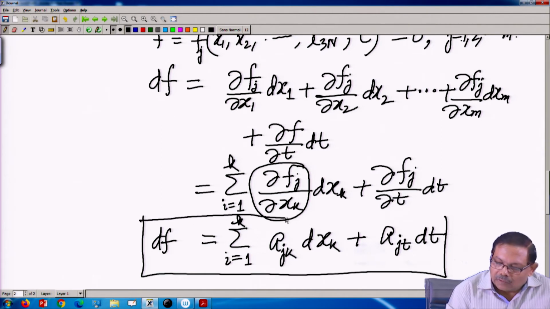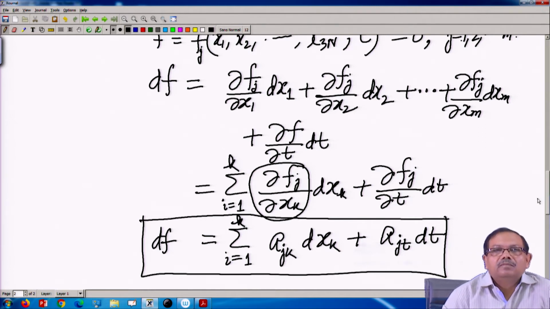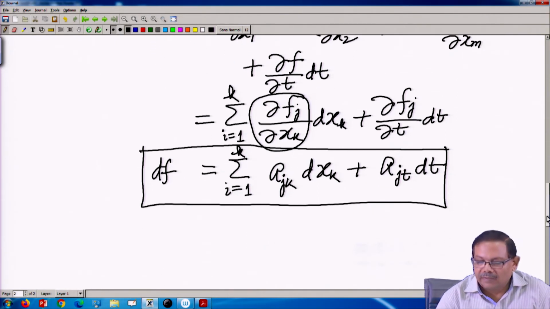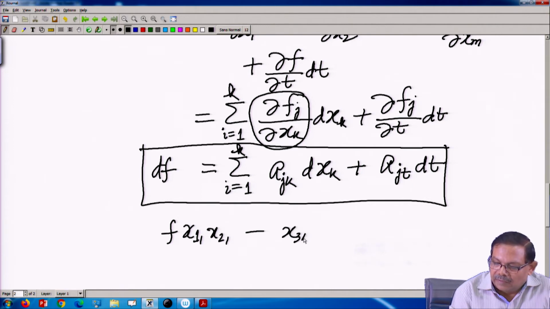So, the holonomic constraints may be written also in differential form, but I should be able to integrate this, and after integration I should be able to get f of x1, x2, x3 and t equals 0.